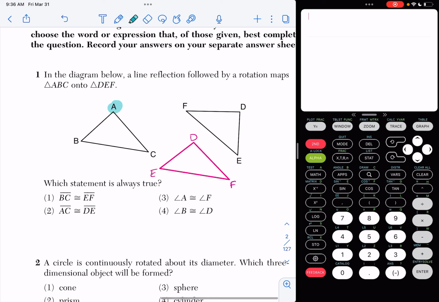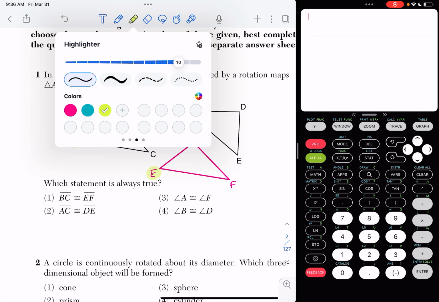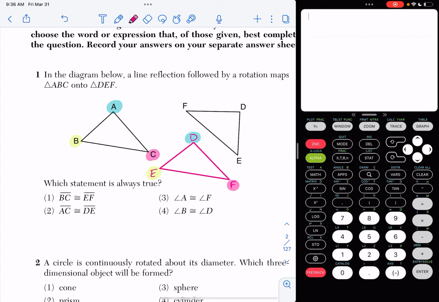That way I can see that A and D correspond to one another. I can see that B and E correspond to one another, and C and F. And I know those are supposed to correspond because that's how the problem lists the two triangles. Since A is listed first and D is listed first in their respective triangles, those two should be corresponding points.